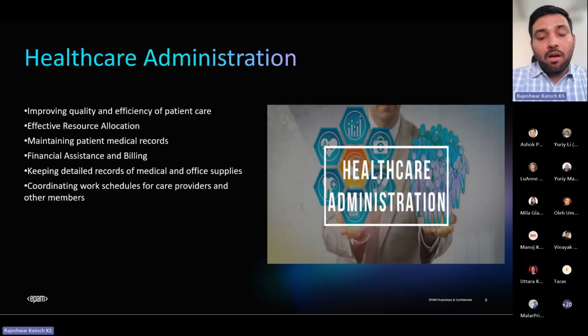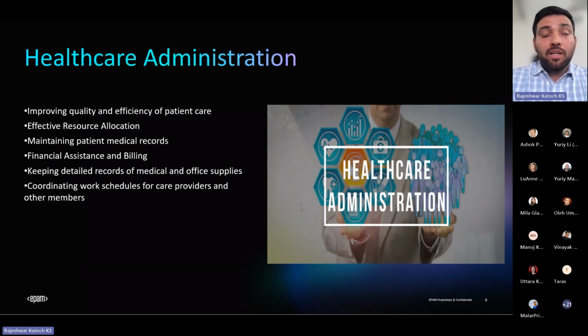So basically, in healthcare administration there are many categories, but I've listed a few here, where administrators take care of the quality of patient care, right? Healthcare administrators work behind the scenes to ensure that medical facilities are well managed and equipped. Their effort leads to efficient processes like shorter waiting times and improved access to medical services for the patient.